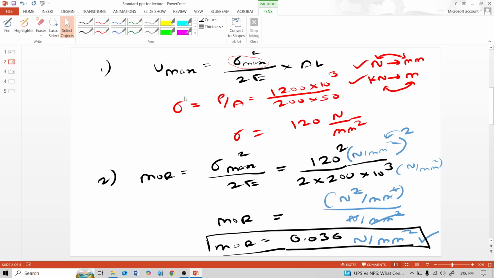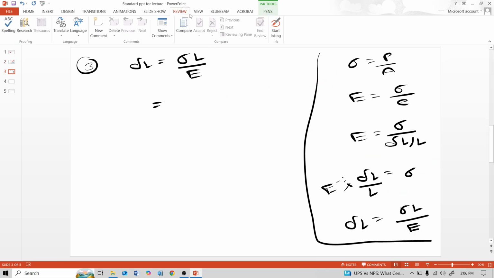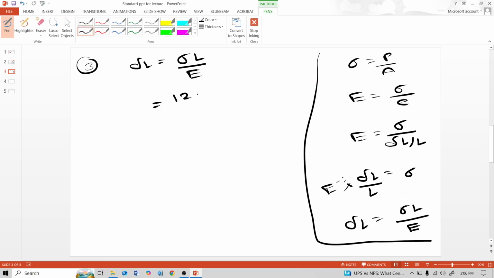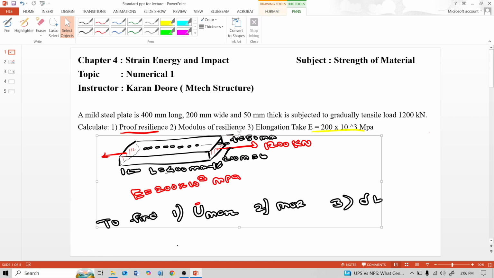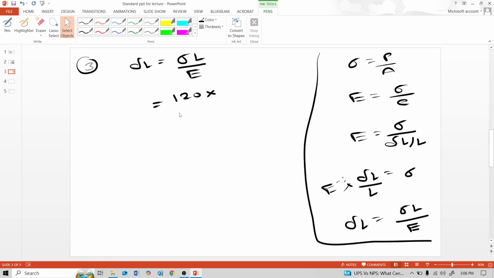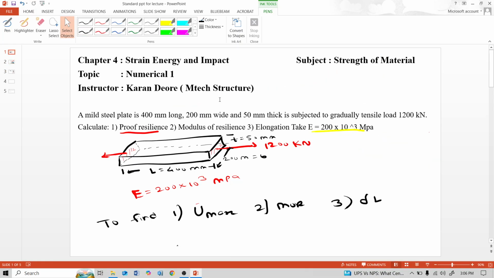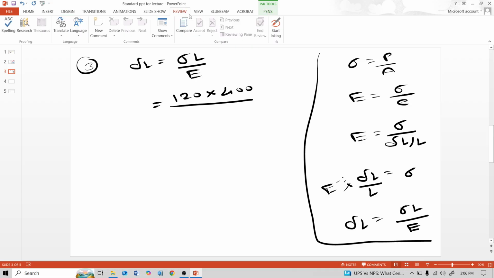So stress is this 120 Newton per mm square. Length is this 400 mm. And E is given data 200 into 10 raised to 3.